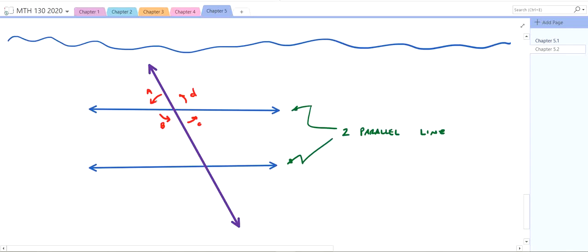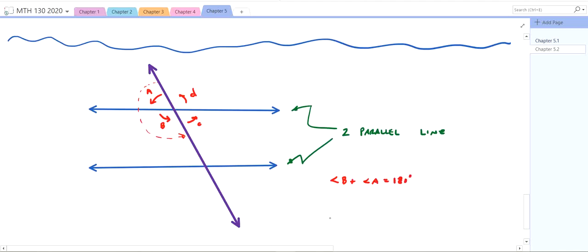First off, if this is 180 degrees again here, then we know that, for example, angle B plus angle A equals 180 degrees.